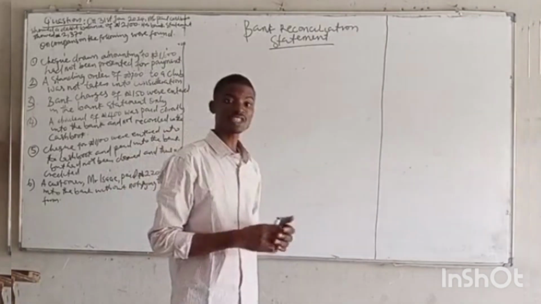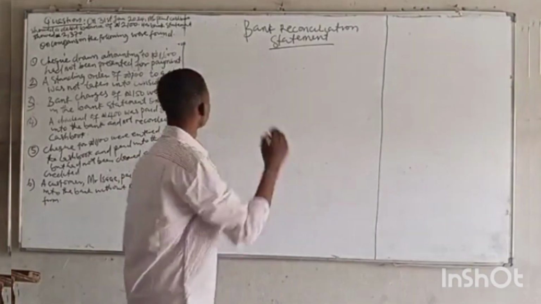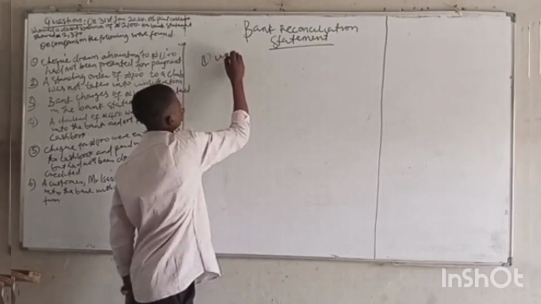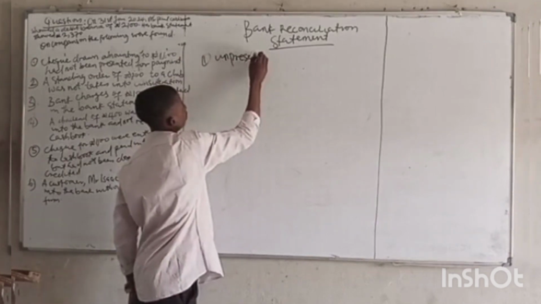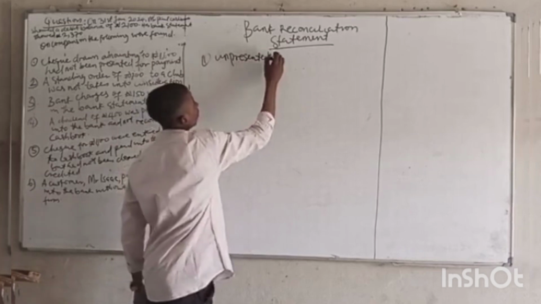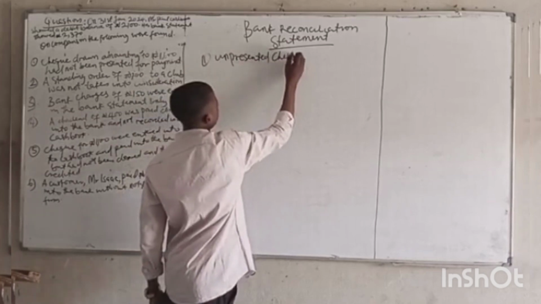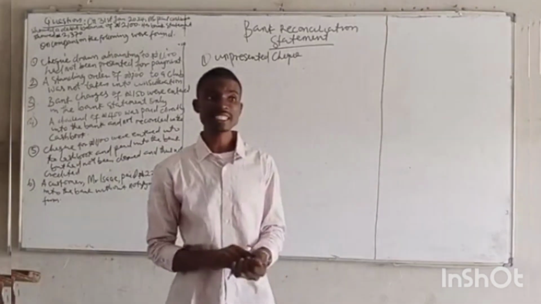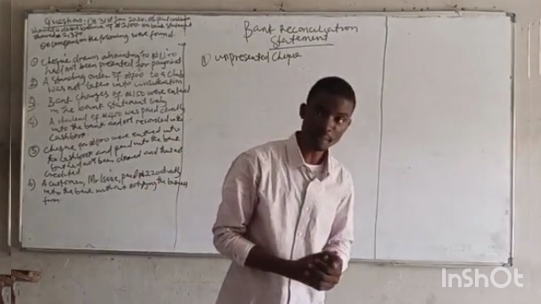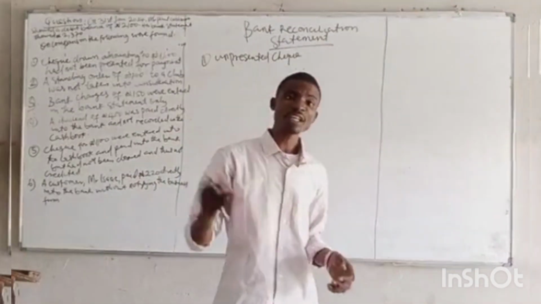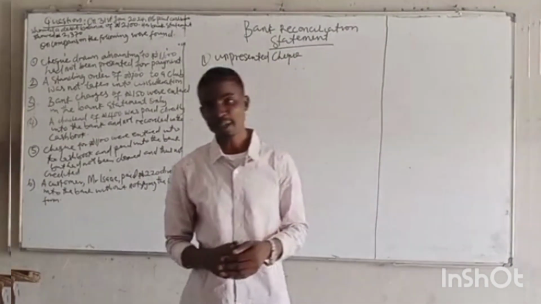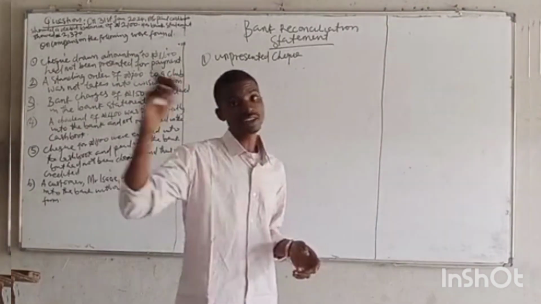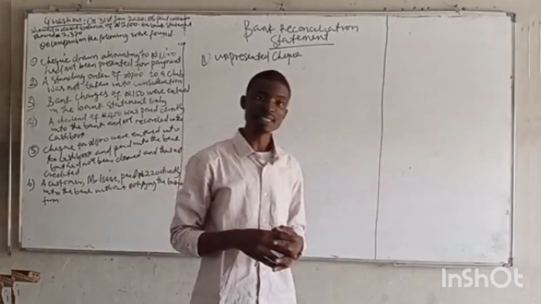One of these causes of difference is what is called unpresented check. An unpresented check is a check that the business firm has drawn in favor of their customer, but the customer in question has not taken the check to the bank for payment.